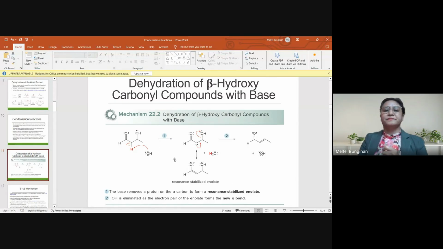So here, the dehydration with a base is basically the abstraction again of your acidic proton.